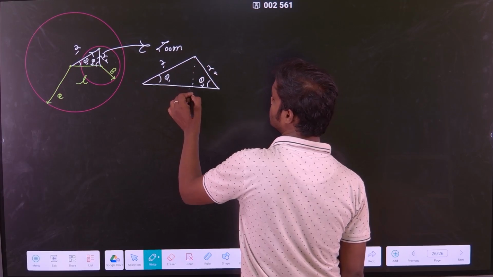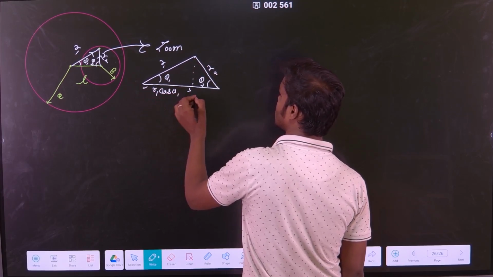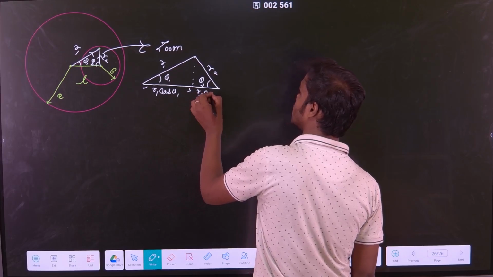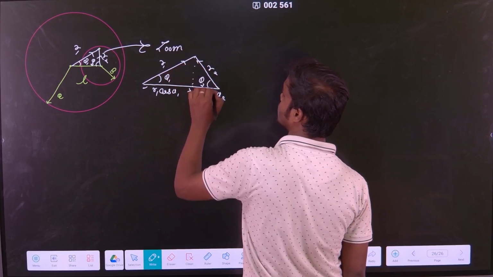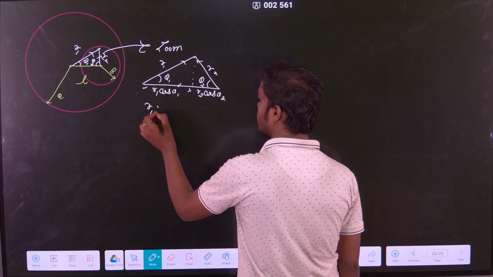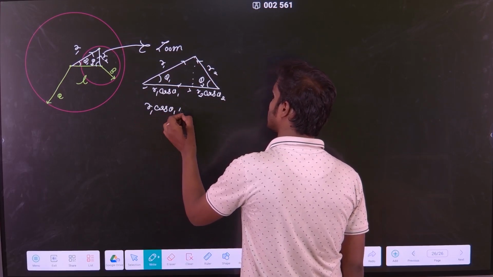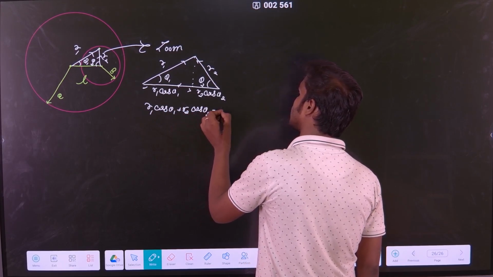What will be this distance? This is R1 cos theta 1 and this is R2 cos theta 2. So I can say R1 cos theta 1 plus R2 cos theta 2 is equal to the L vector.